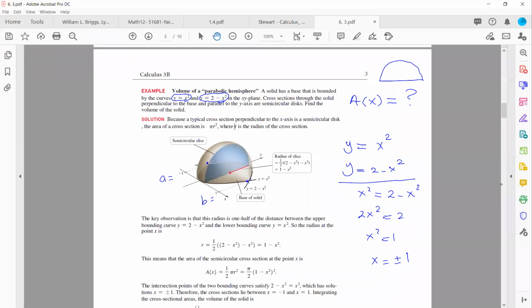So what is the area here? First of all, the area of any circle is pi r squared. We need to figure out what r is, then form the integral.